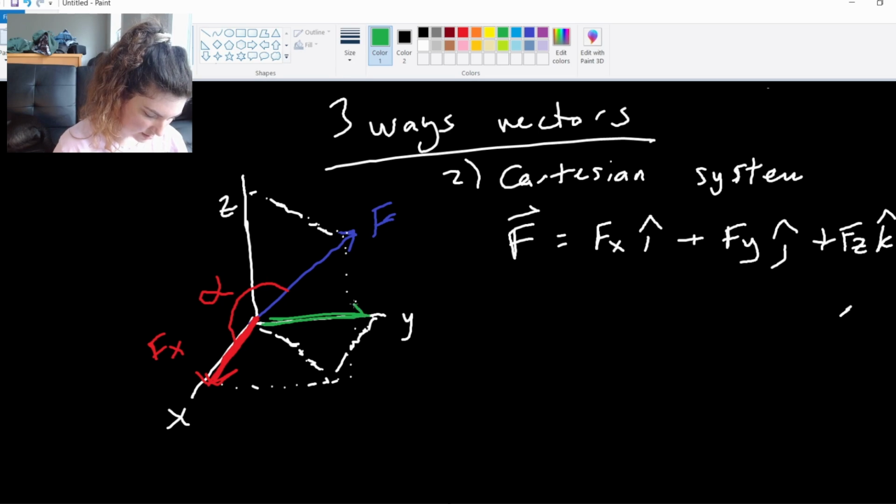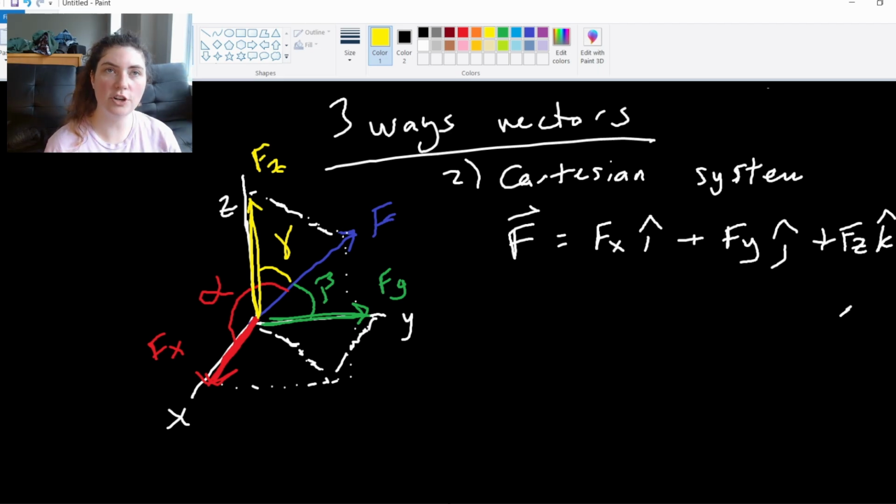Along the y-axis, this F of y, with an angle between the line and y as beta. And then your last one is this z-axis. F of z has an angle between the line and F of gamma.